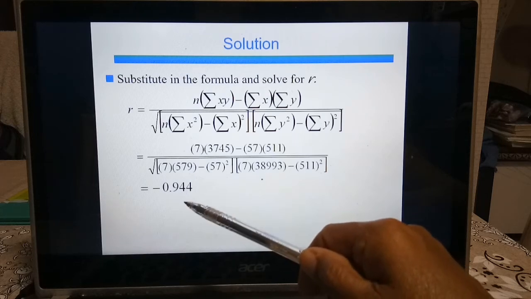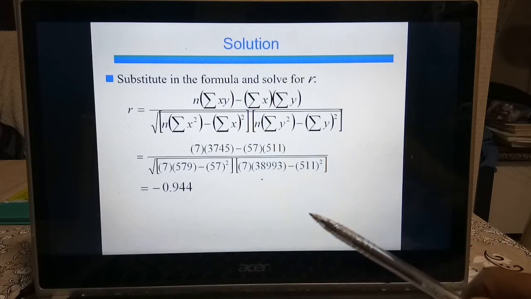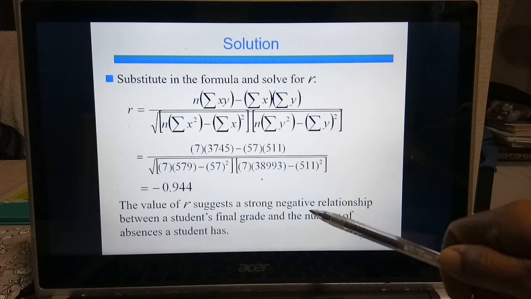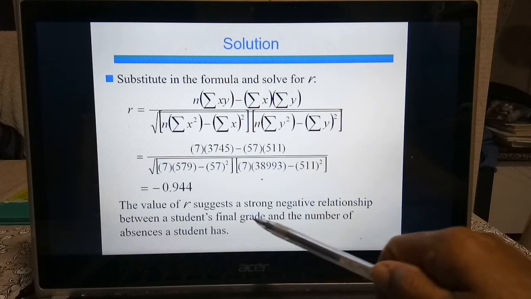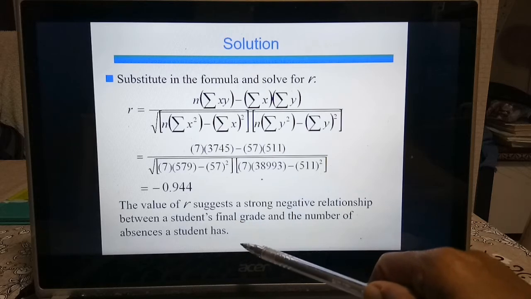If it is far away from 1, for example 0.1, 0.2 up to 0.4, we say it is a weak relationship. So the value of R suggests a strong negative relationship between student final grade and the number of absences a student has.